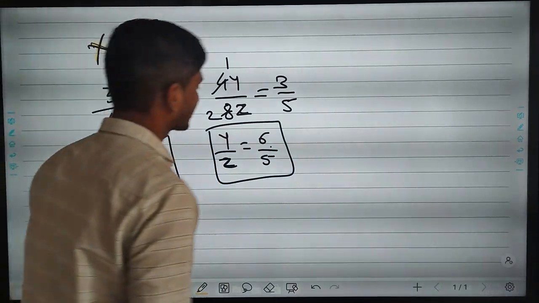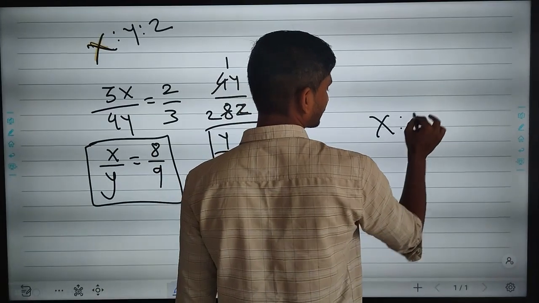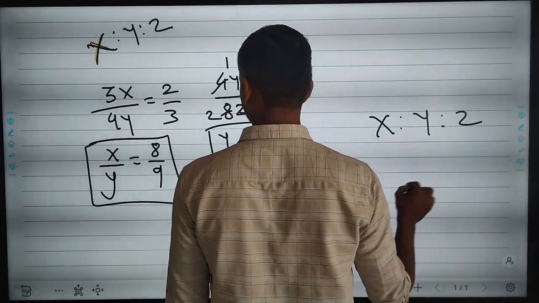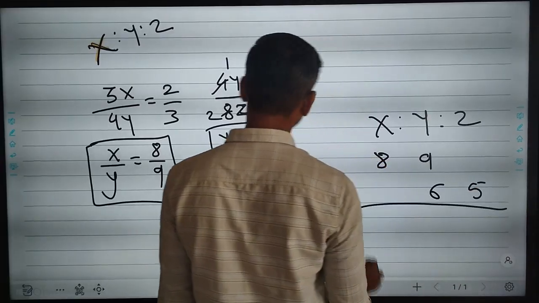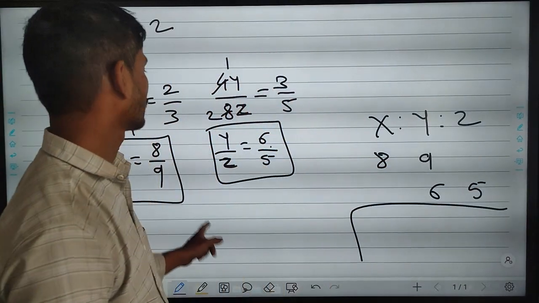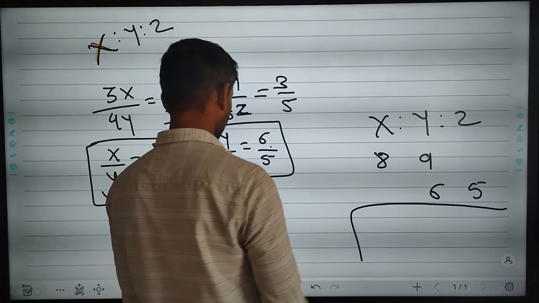Now here we find x as to y as to z. Here x as to y is 8 as to 9, y as to z is 6 as to 5.